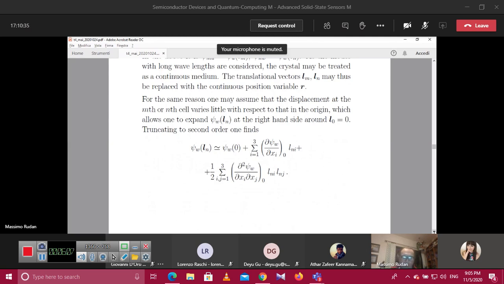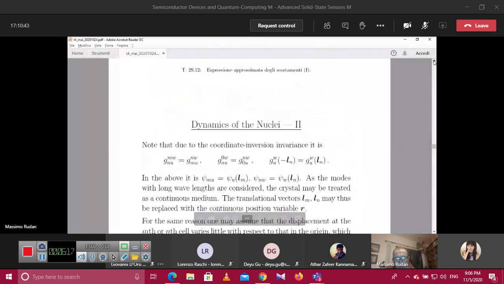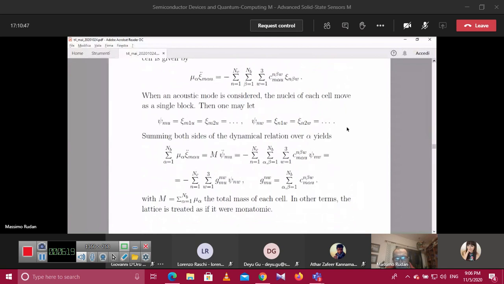Why is it useful to do so? Because after performing this expansion, then we have to replace the expression into the sum that is visible here in this page, okay? We expand psi to second order, then we replace it in this sum, and we shall see that some terms, because of the sum, will cancel each other, okay?